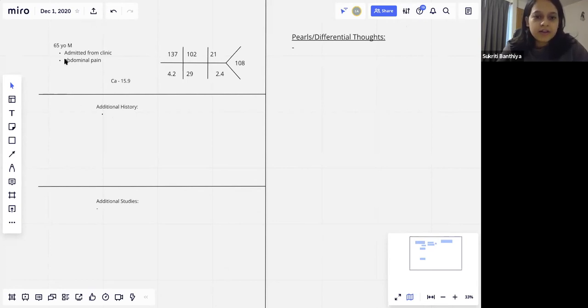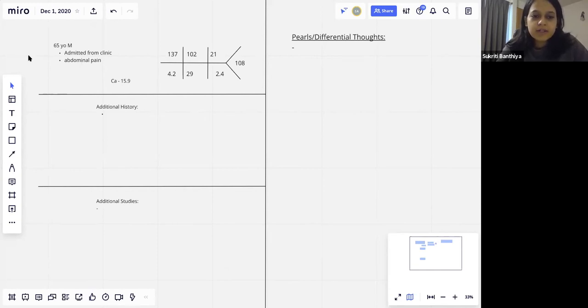But layering on the labs, the creatinine suggests some sort of renal pathology, and this would affect how the parathyroid hormone acts on the renal tubules, and how vitamin D is metabolized to create the active metabolite that would affect the gastrointestinal reabsorption of calcium.